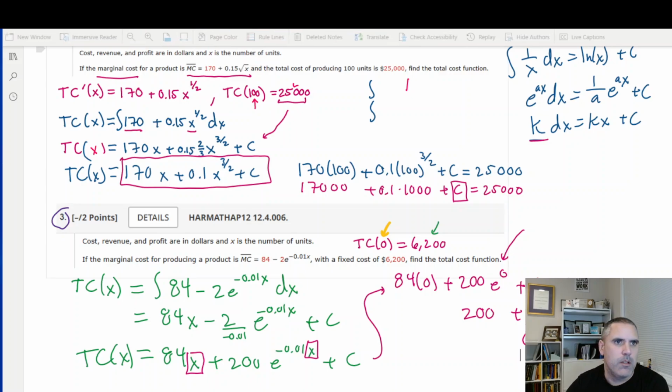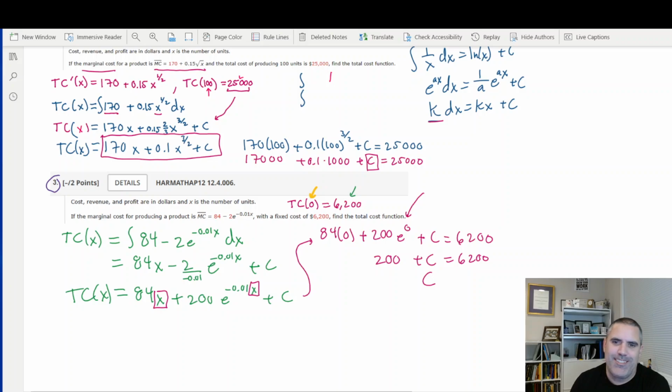Let me zoom in a little bit. And this is going to be 6,000. And that's what you're going to type in. You're going to type in this. And that's what we were talking about when we were doing this in lecture.